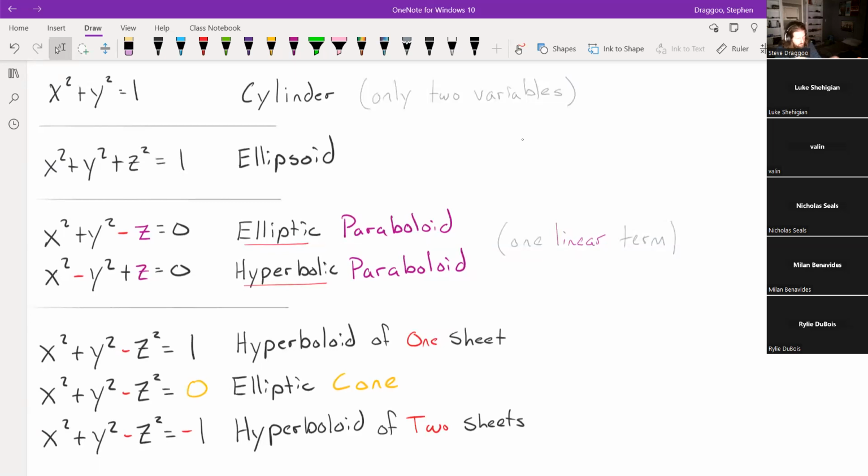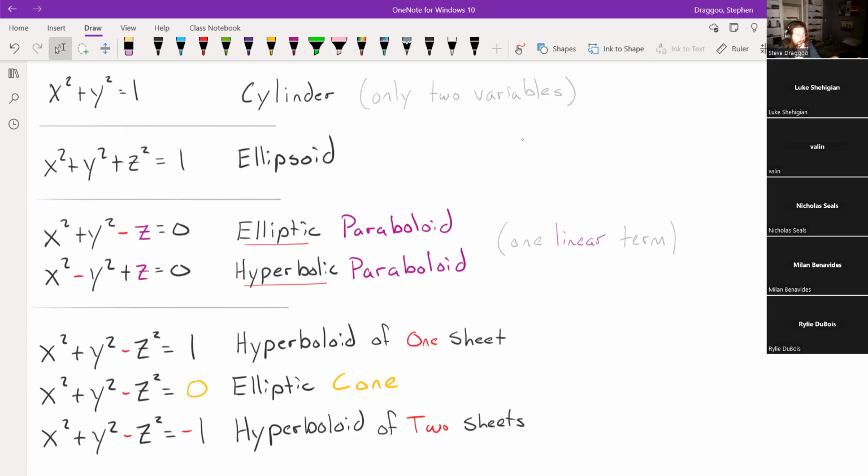So in the equation I wrote up at the top, x squared plus y squared equals 1, it doesn't matter what z is, the shape always looks like a circle, because that one happens to be a circular base cylinder, but it could be anything. So again, a cylinder in the context of this Calc 3 definition means that there are only two variables in the equation. So it's defining some two-dimensional shape and then just extending it straight up one of the axes.